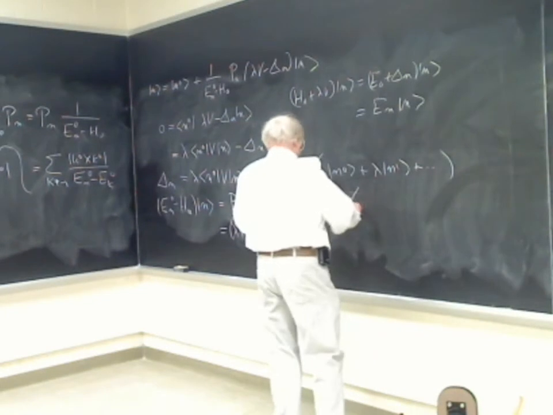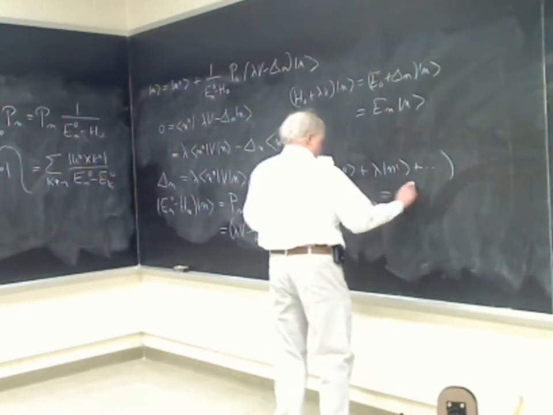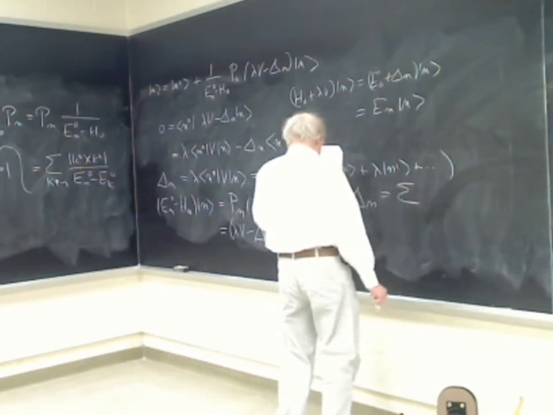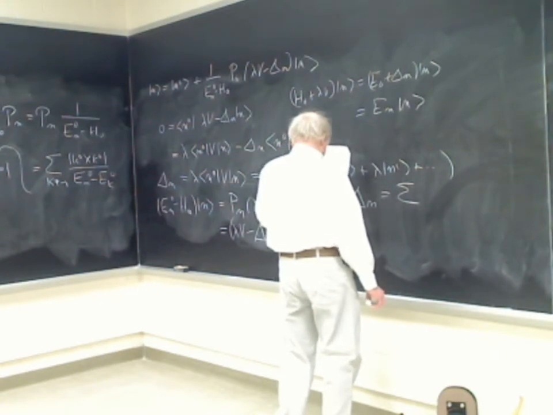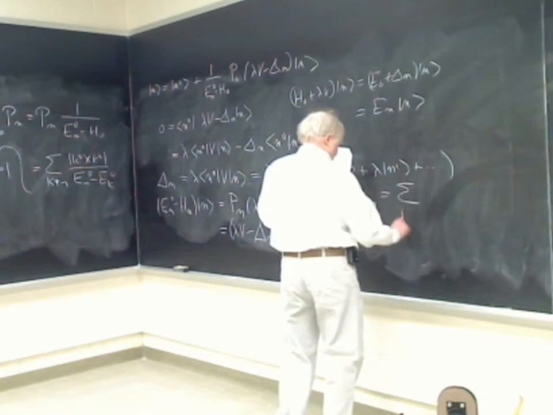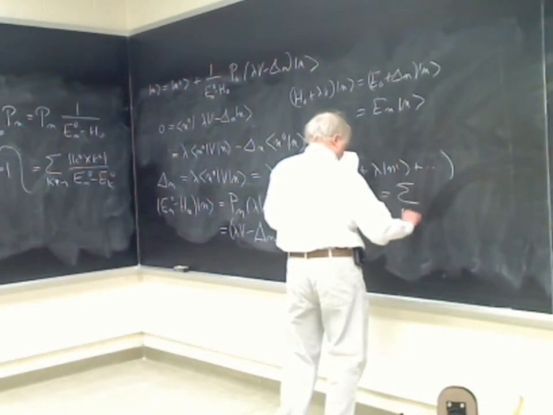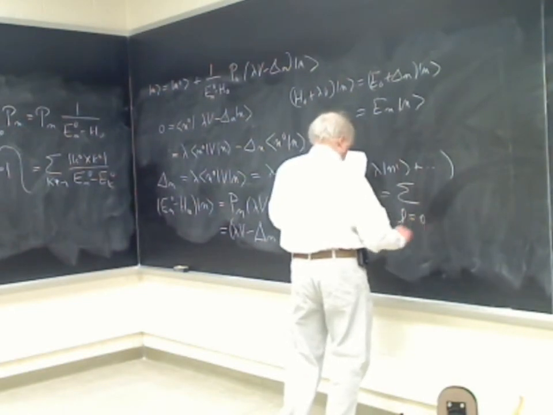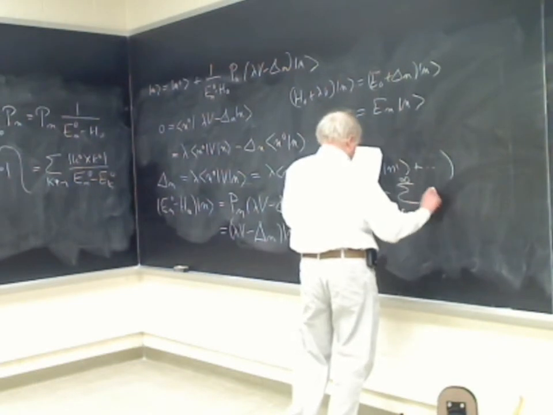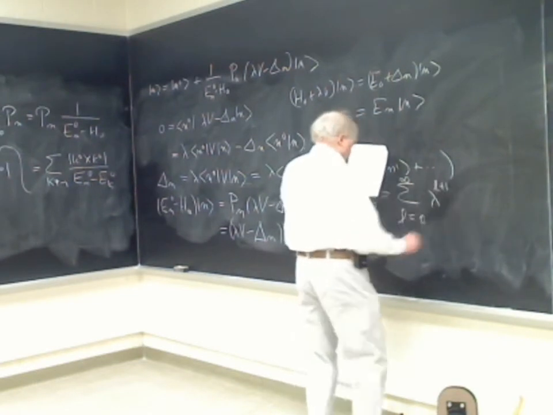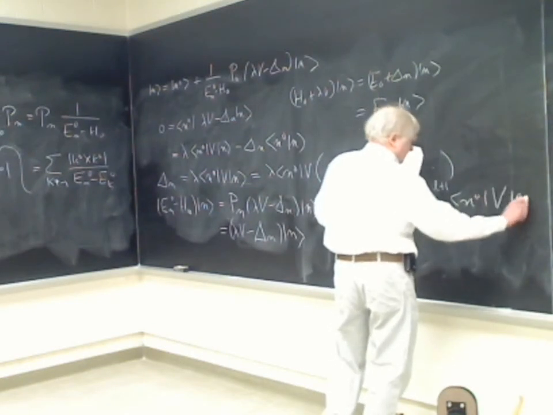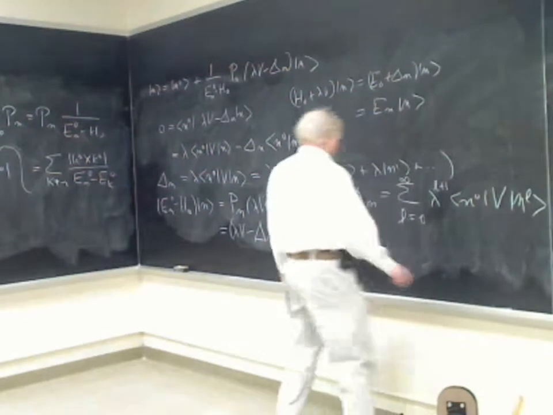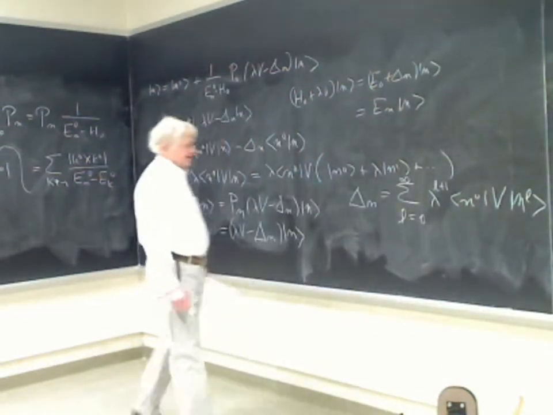And so that tells us that delta n is the sum. I have this written as k. That's probably a bad choice here. Let me call it L. L equals 0 to infinity. L here is not angular momentum. Lambda to the L plus 1, n0 V n L. So that's our expression for the energy shift.